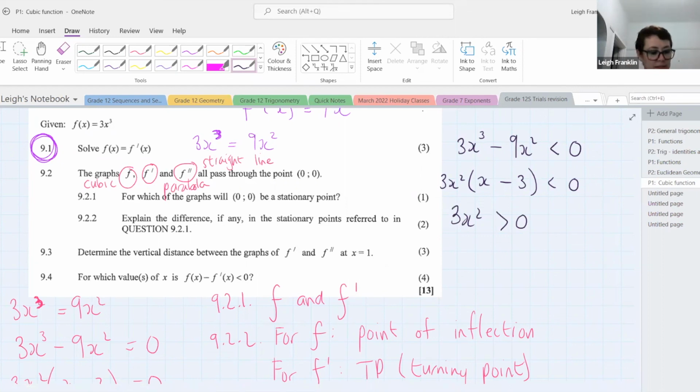Does that make sense to everybody? It's always going to be greater than 0. So it's positive. Okay, because it's not possible for us to take a value and square it and then multiply it by 3, and it's not positive. We're almost there.